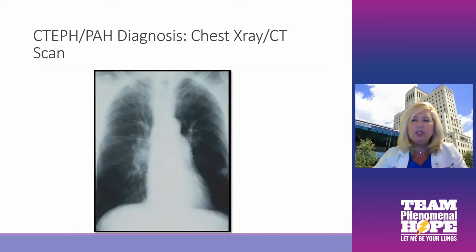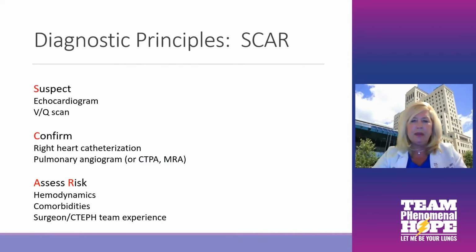So these are just subtle signs that we see on basic chest x-rays. A CT scan is often used to rule out lung diseases such as interstitial lung disease and parenchymal lung disease, right? So these are the rule-out kind of imaging studies. We want to rule out group 3 and rule in group 4 if we can.